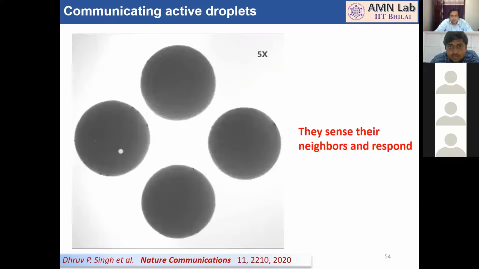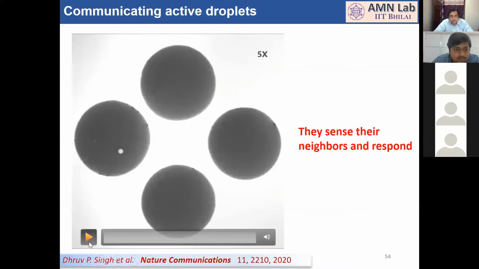Here you see four different droplets. They are all filled with nanomotors. If we turn the activity on, they can sense the position of each other.